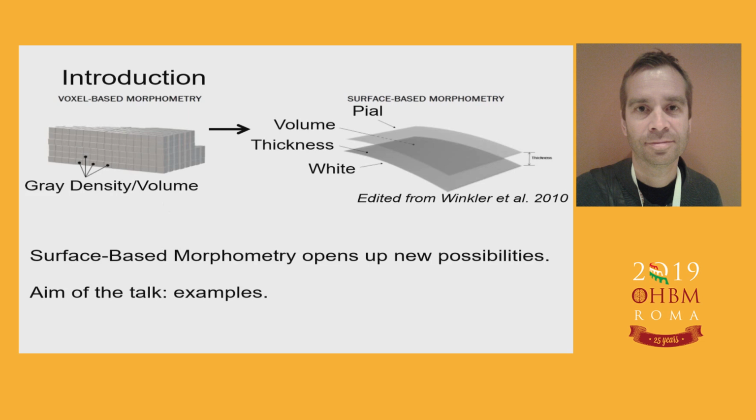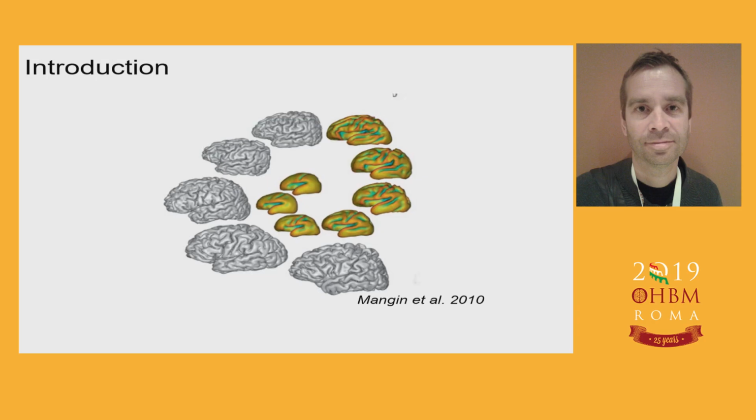Okay. So, in this picture, you see the change of the cortex going from a lissencephalic aspect to a gyrencephalic aspect. And you can see the development of the sulci and the gyri.